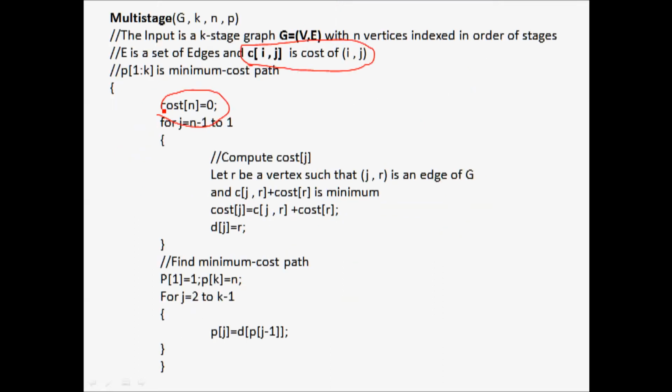Now we will decrease the vertices in the order of their indexes, such that we find a vertex r in each stage such that j r is an edge and c of j r plus cost of r is minimum. Next we add that into the array d of j, which will ultimately be useful for calculating the minimum cost path.